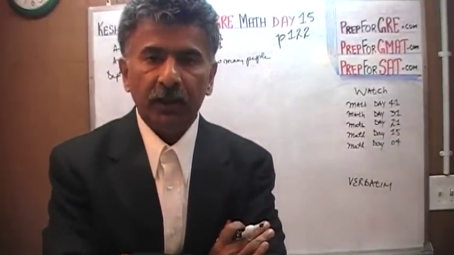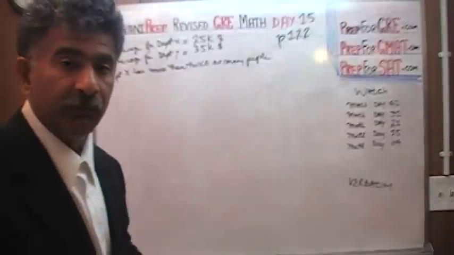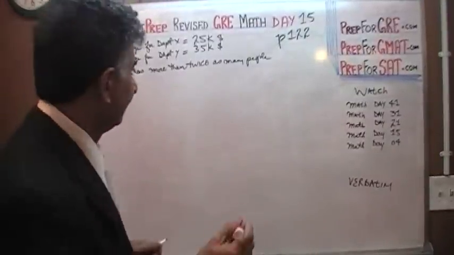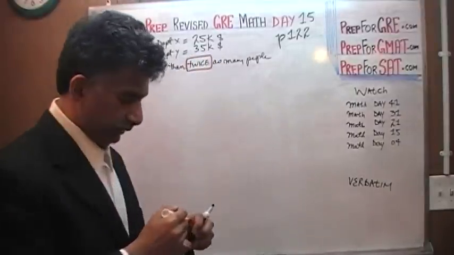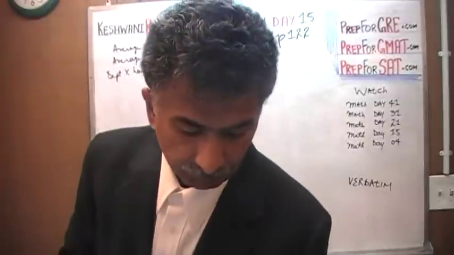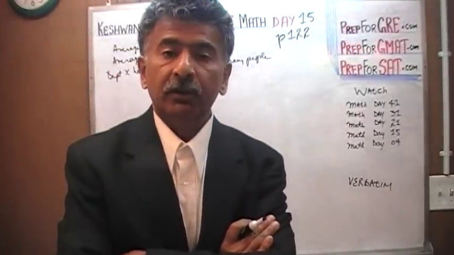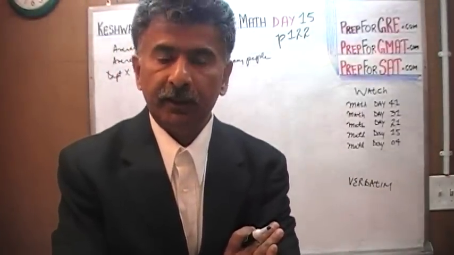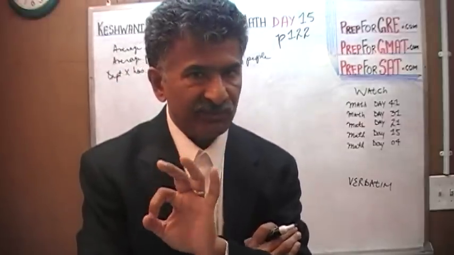Now, before we get into the nitty-gritty of the fact that Department X has more than twice as many people, let's first understand what would have happened if we were simply told that Department X has more people than Department Y. Simply more, not twice as many, not more than twice as many.